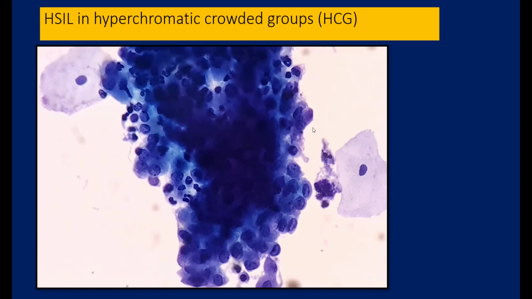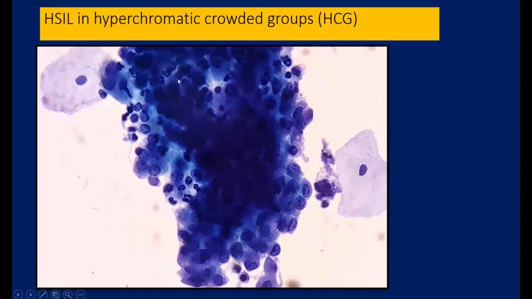There can be a lot of difficulties. And when experts with many years of experience are shown cases of hyperchromatic crowded groups, there are a lot of discrepancies between the opinions.